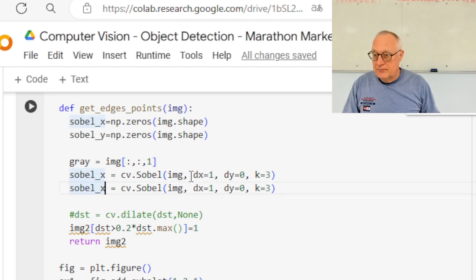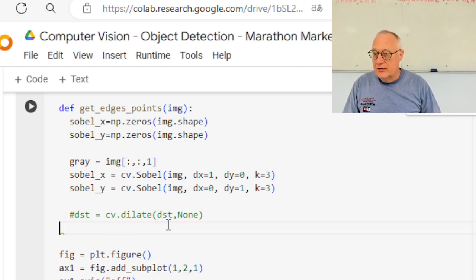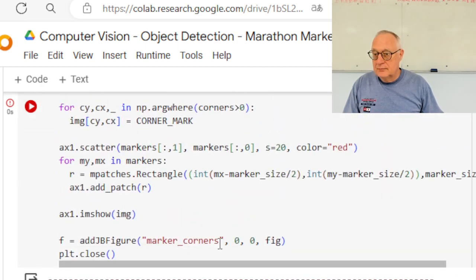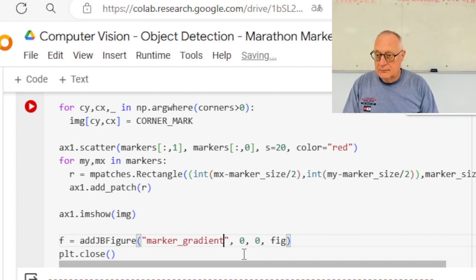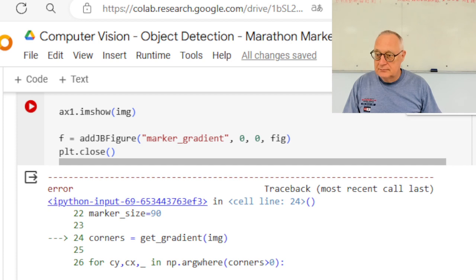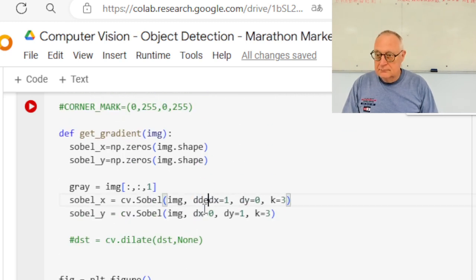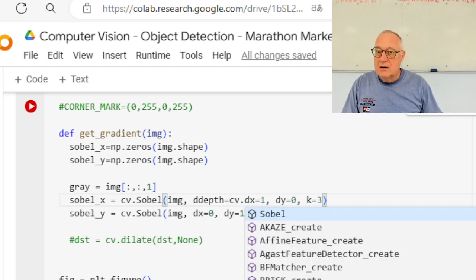And Sobel y is 0, 1. And let's just see if that works. Can I just... Sine 16.